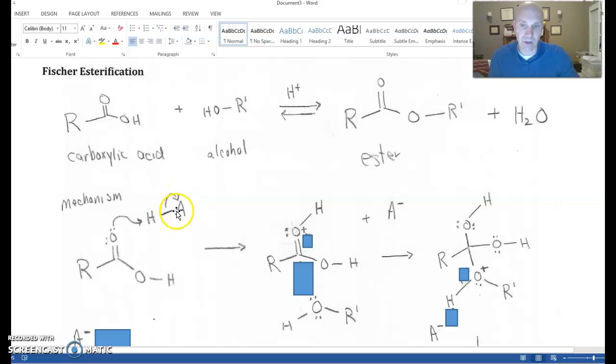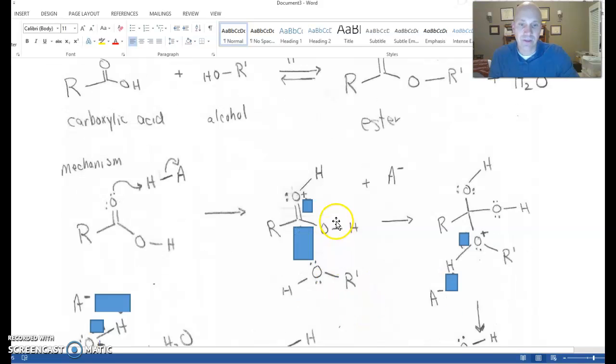These electrons are going to go onto the A, and that would make an A minus, and that's why you see this A minus here. That then makes a covalent bond between this oxygen and that hydrogen. We can show the resulting structure like this. Notice that means there's only one lone pair with a positive charge on that oxygen.